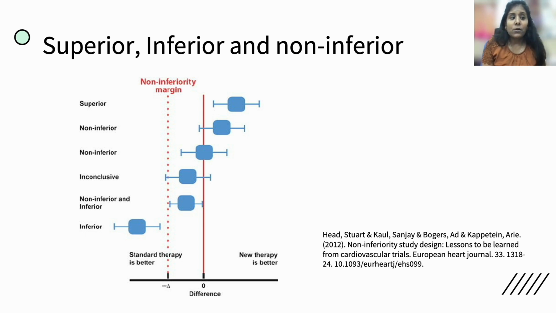The other is non-inferior: maybe you want to release more than one kind of therapy, and you want to show that the new intervention is equally as good as the current standard practice, so people have options on what they want to use.